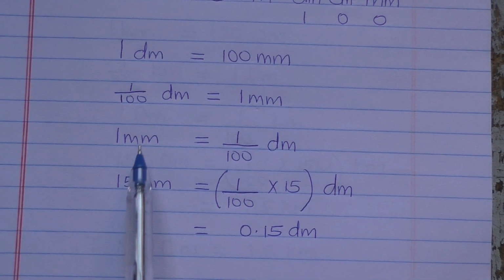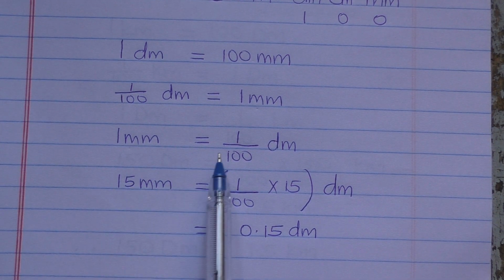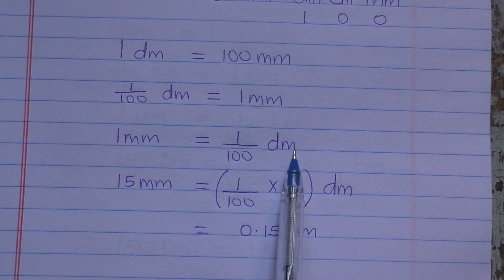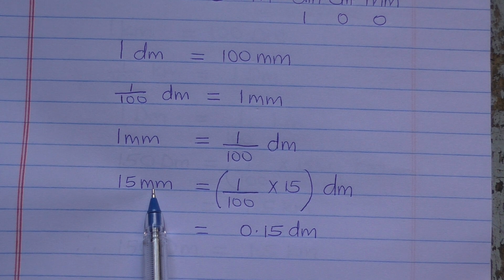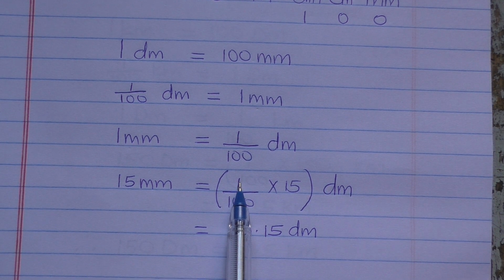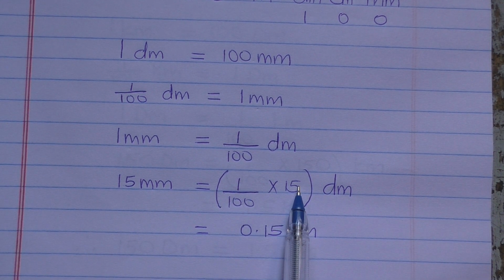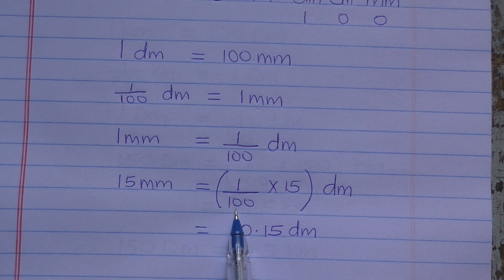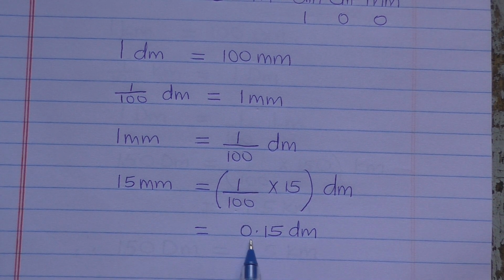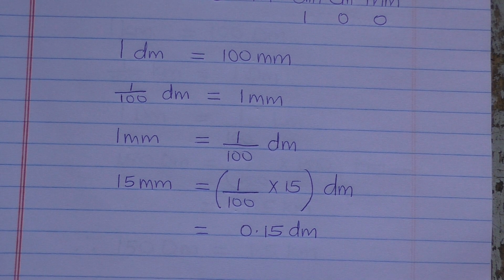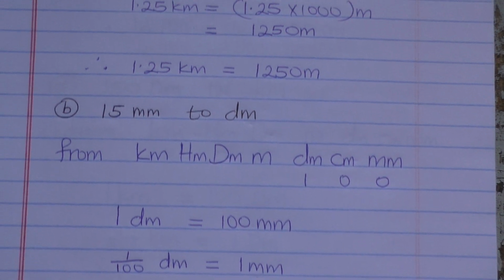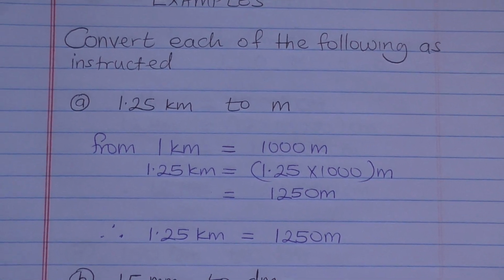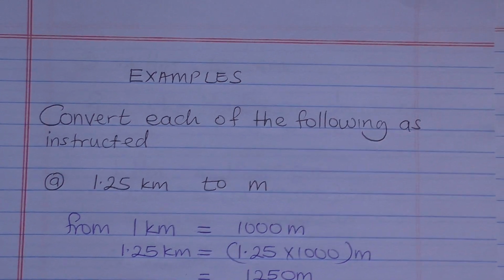That implies that 15 millimeters will equal 1 over 100 times 15, the same as 15 divided by 100, to give me 0.15 decimeters. That is how we shall convert from one unit of length to another.